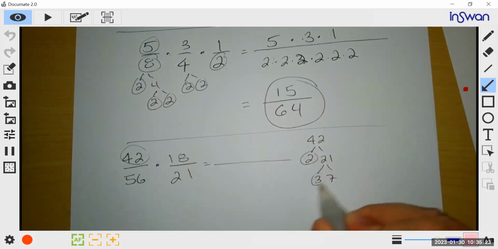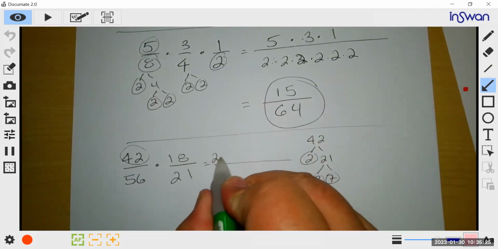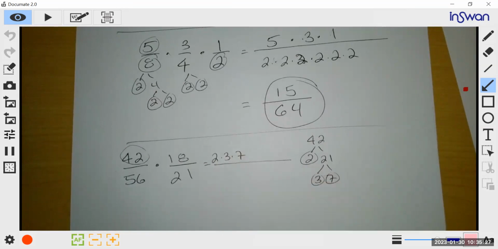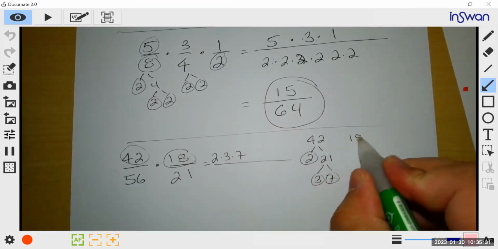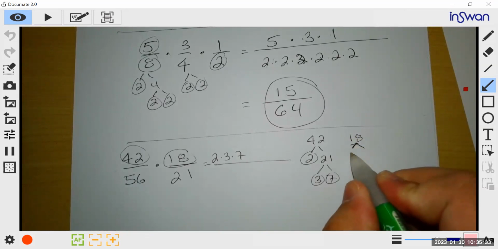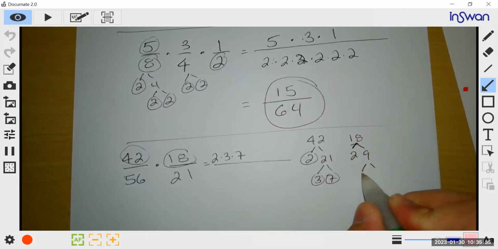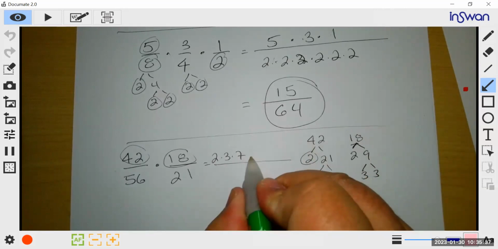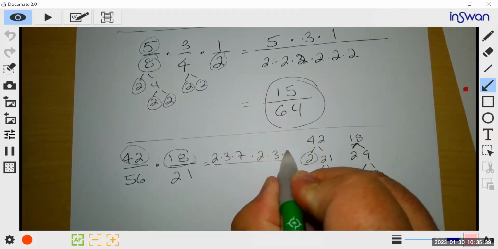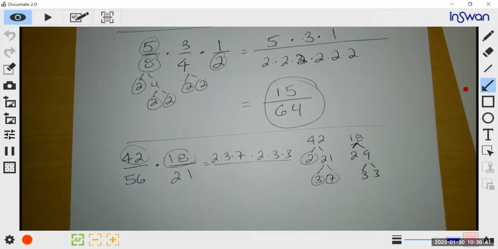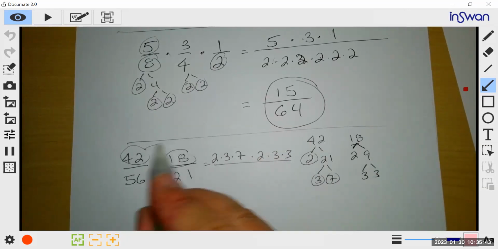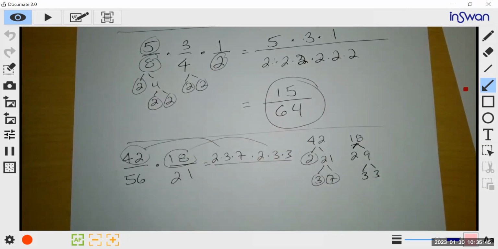So it's 2, 3, and 7. 18 is made up of 2 times 9, 3 times 3. So it's 2 times 3 times 3. Those are the two top numbers.